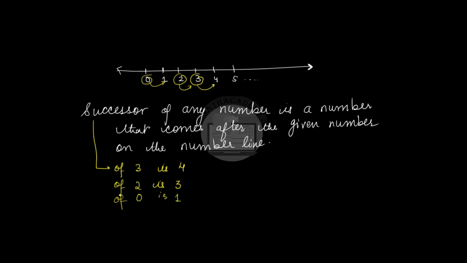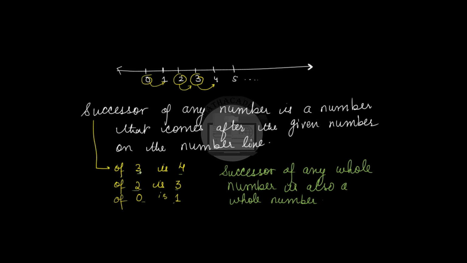Correct? So the concept of predecessor and successor using a number line, I hope, is clear to everyone. And please remember, 0 has no predecessor because there is no number before 0 on a whole number line. And the other thing is that the successor of any whole number is also a whole number.